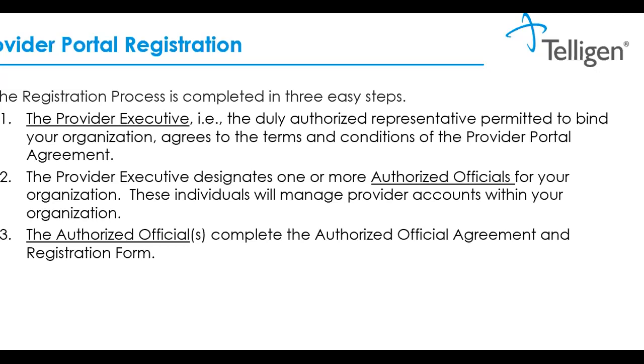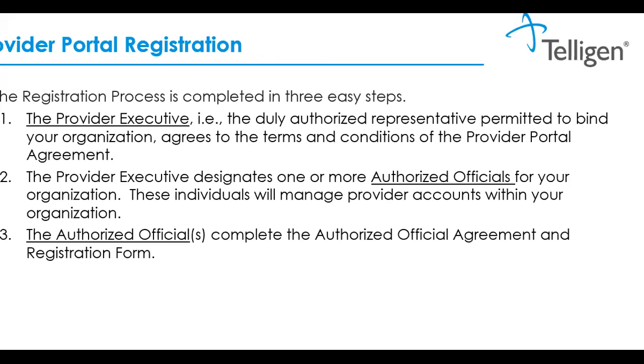Another thing just to note for some of you, depending on the size of your agency or how things are laid out, sometimes that provider executive, whoever is going to initiate this process and fill out that first part of the registration packet, may be the same person as you're indicating for the authorized official, and that's completely fine.